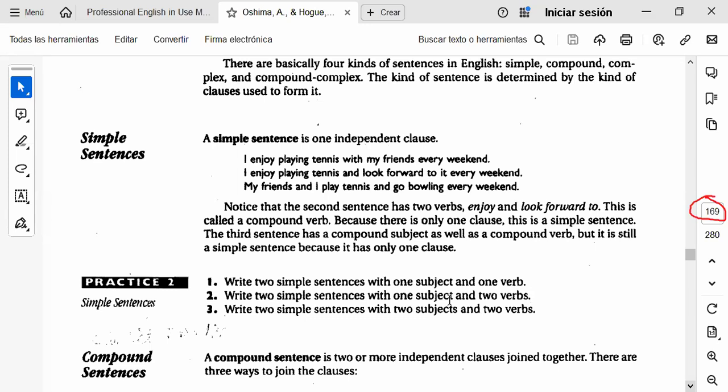Professor, it could be I work and study at the same time. Very good. Any other? I went to the park and played soccer.